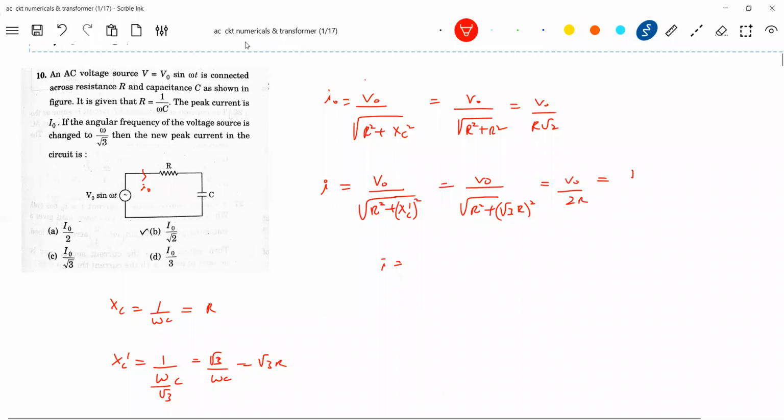So V naught by R, you can write it as I naught by root 2. Root 2, sorry, this is V naught by R will be root 2 I naught by 2, which is I naught by root 2.